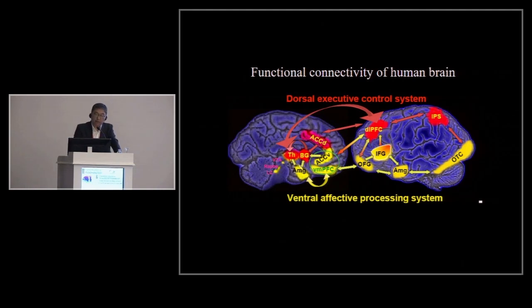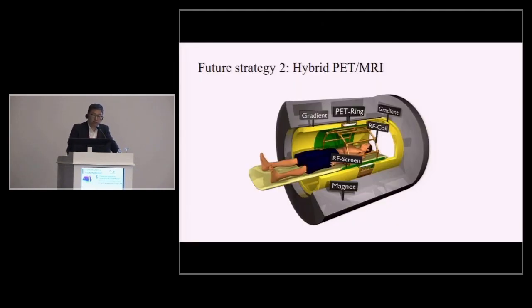The second one is that nowadays we have a new machine, even more expensive, the PET MRI. In my hospital, we installed this system. But of course, as I know, a lot of hospitals, even though they installed this system, are still tuning the parameters.